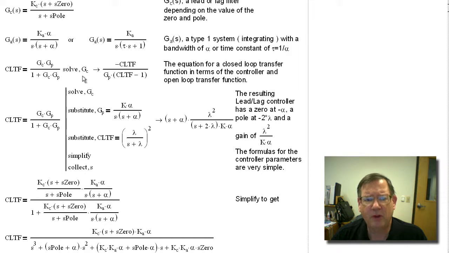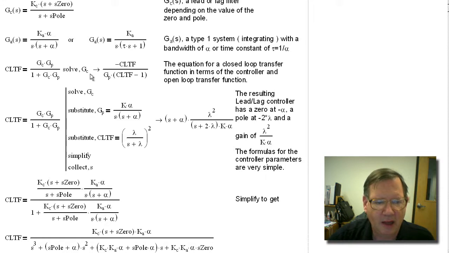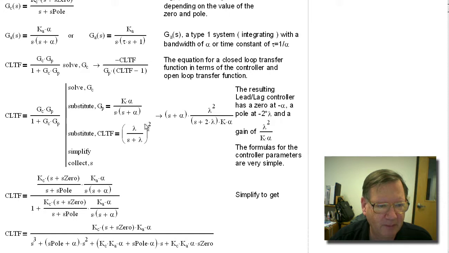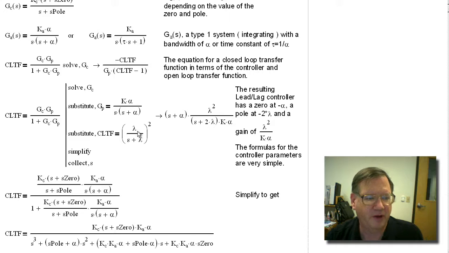And one of the things about this system is that we know that because there's two poles in the open loop transfer function, and the lag is going to add one pole, there's going to be three poles. There's going to be 1, 0. And what we're going to do is simplify the response by choosing a simple closed loop transfer function.